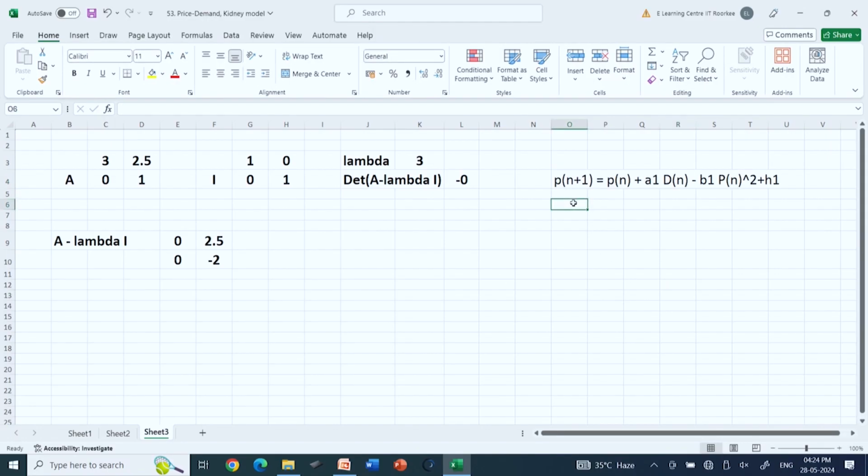And the second formula is D(n+1) equal to Dn plus C1 by Pn minus K1.